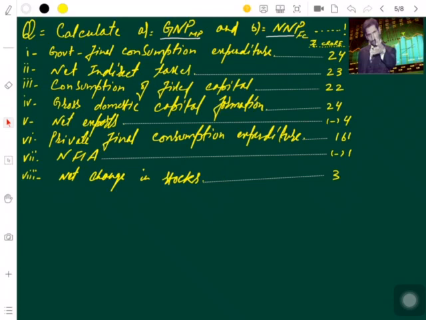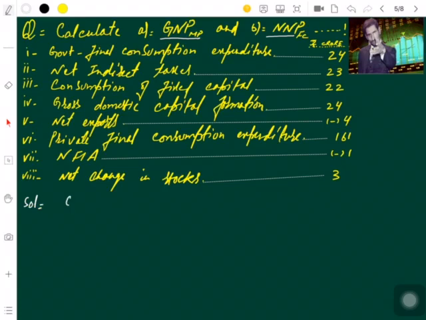Okay, now how to do it? We will keep all those things we have been talking about in mind, and we will proceed with the solution. What we have to reach is gross national product at market price and net national product at factor cost. That is national income.